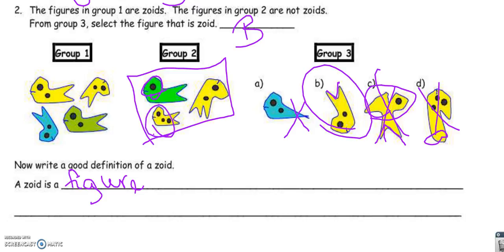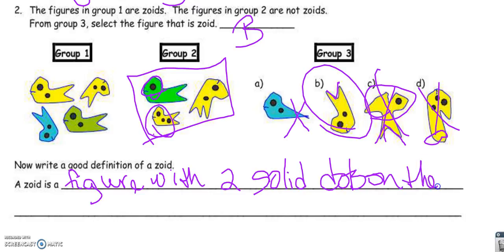This one had 3 dots. So all of the heads on the zoids had how many dots? 2. So a good definition would be a zoid is a figure with 2 solid dots on the head.